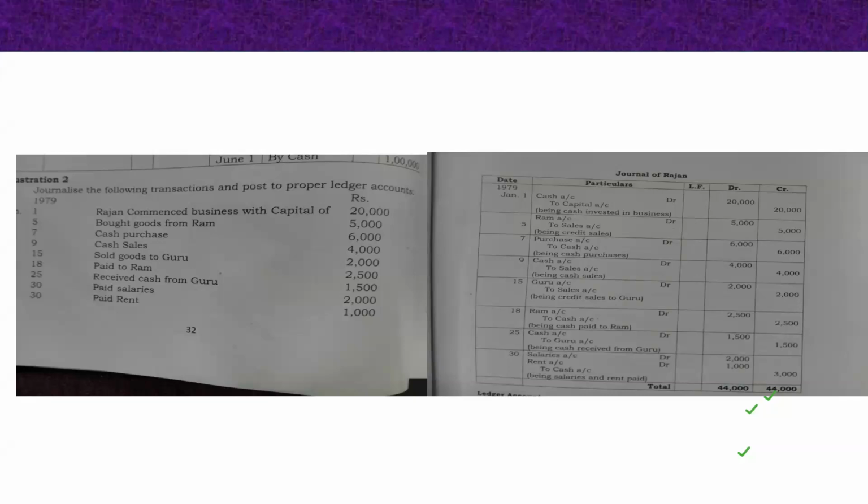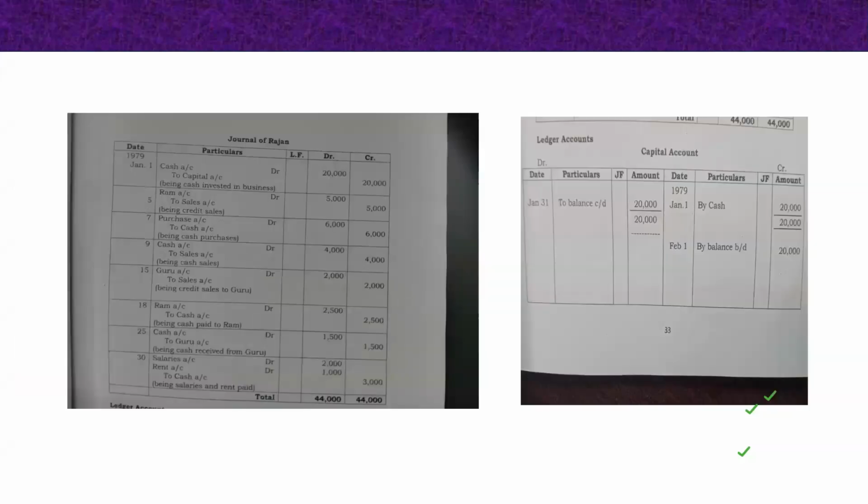Okay, I'm going to change the slide. I'm going to go to the ledger posting. The first ledger posting would be for the capital account. I'm going to stay on this page for 30 seconds or so, and then I'll move on to the next slide.